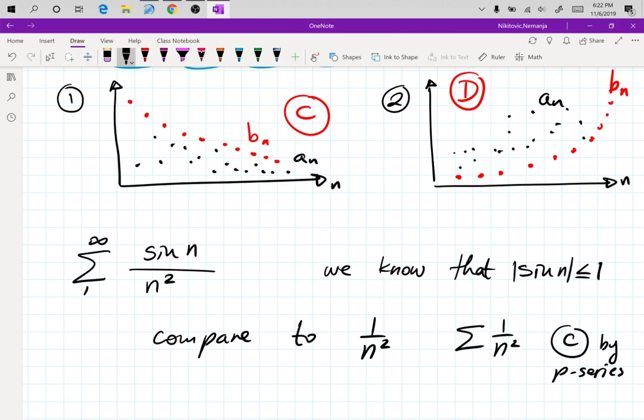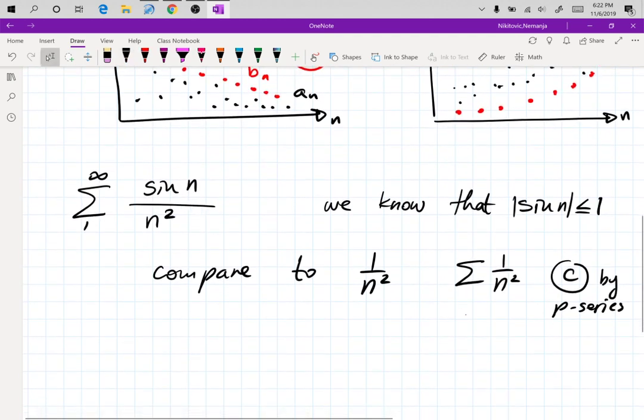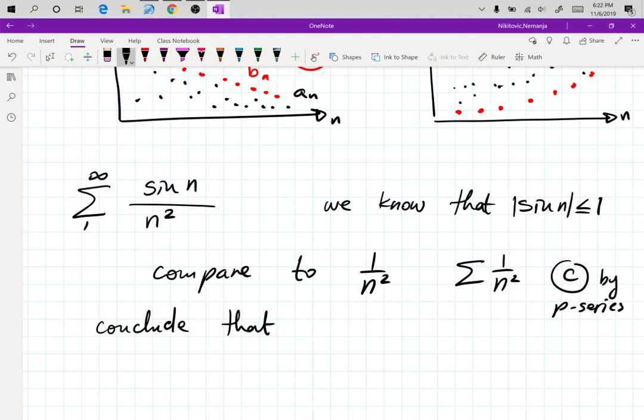Last class we said if p, which is the 2 in this case, is bigger than 1, it converges. And now we conclude that summation of sine n over n squared converges.